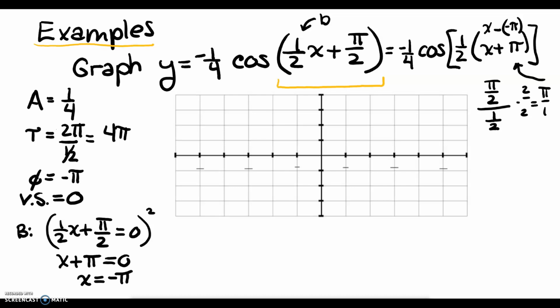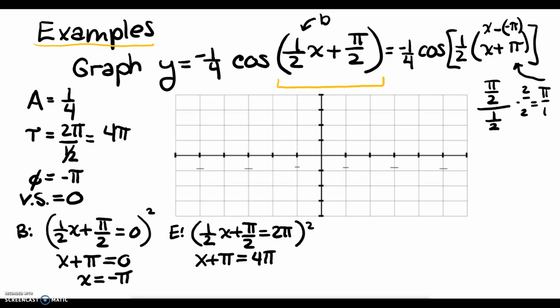So that's going to be the beginning of a period, and the end of my period is going to be 1/2 x plus pi over 2 equals 2 pi. And when I multiply everything by 2, I get x plus pi equals 4 pi, or x equals 3 pi.